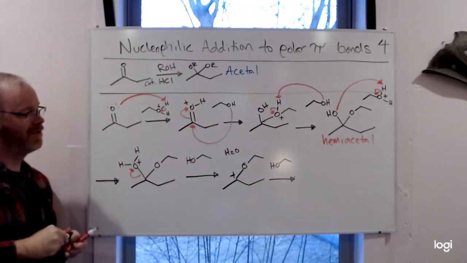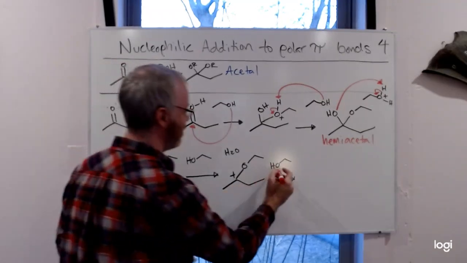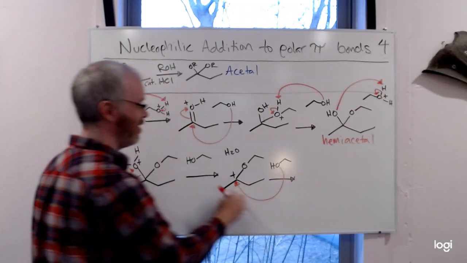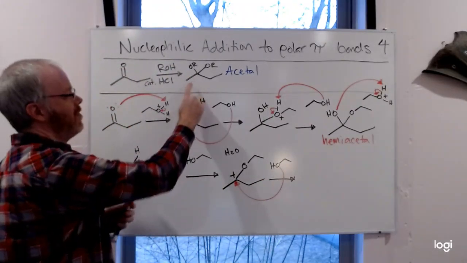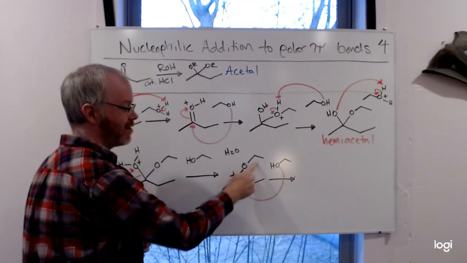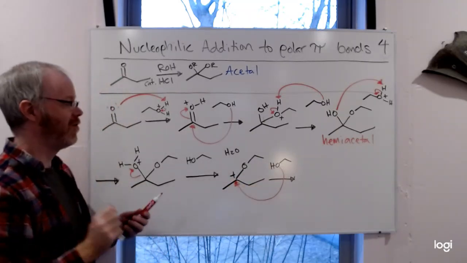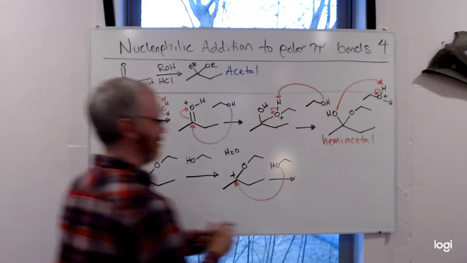Water can come off, in this case making a carbocation for a coordination step where that alcohol is going to add. Now we're almost all the way there. I've attached one alcohol to the carbon. Now I'm doing a coordination step to attach the second.